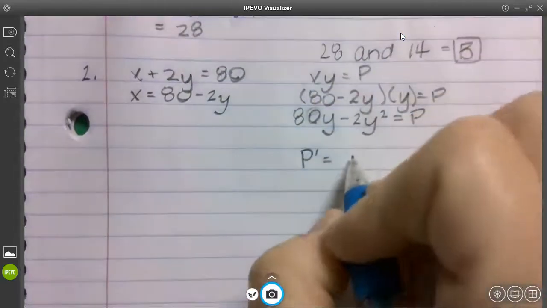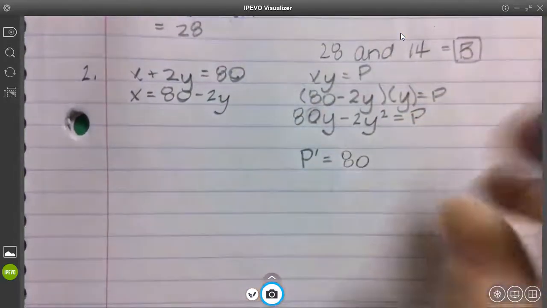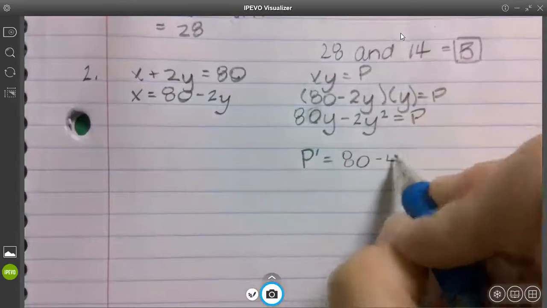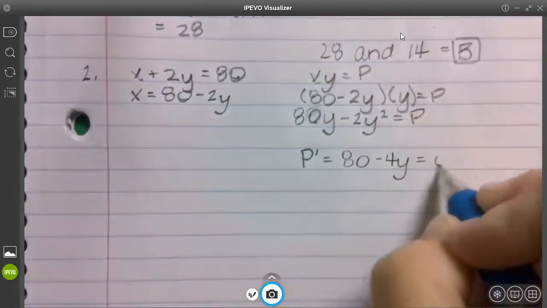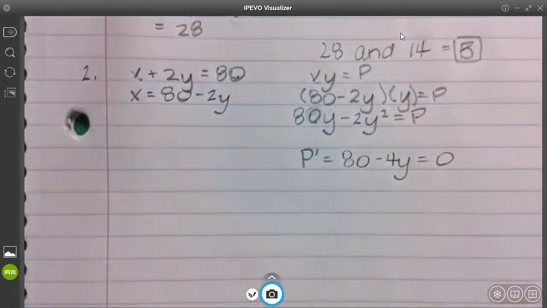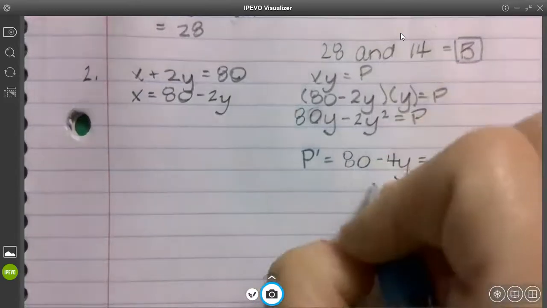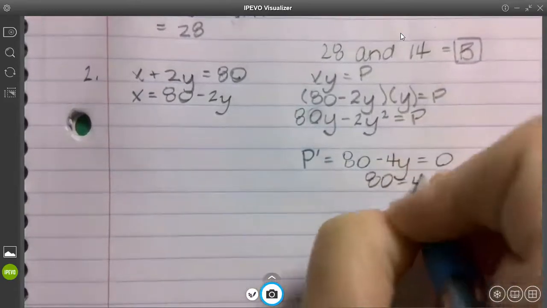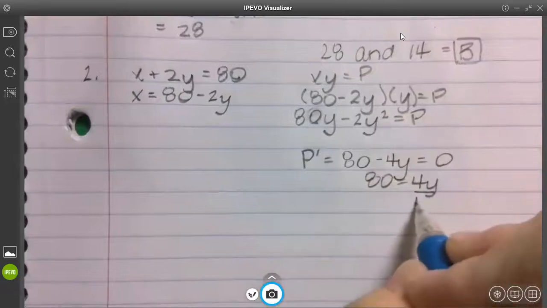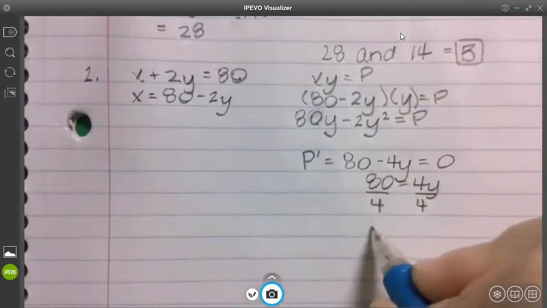So our derivative of 80y is 80. Our derivative of negative 2y squared is negative 4y. And we set that derivative equal to 0. Again, just like the last one, move that 4y over, and then solve for y. So we're going to divide by 4.